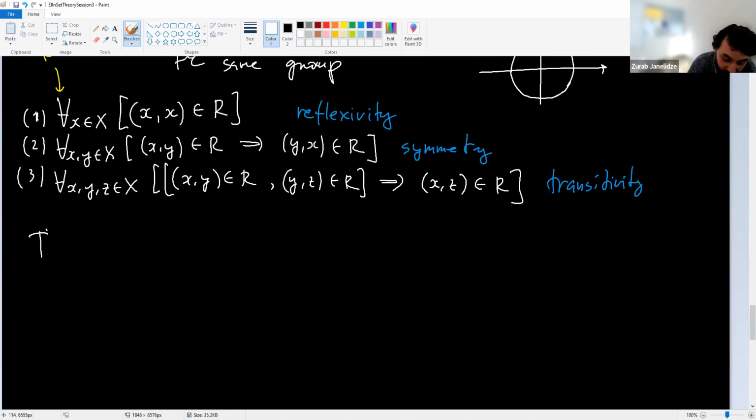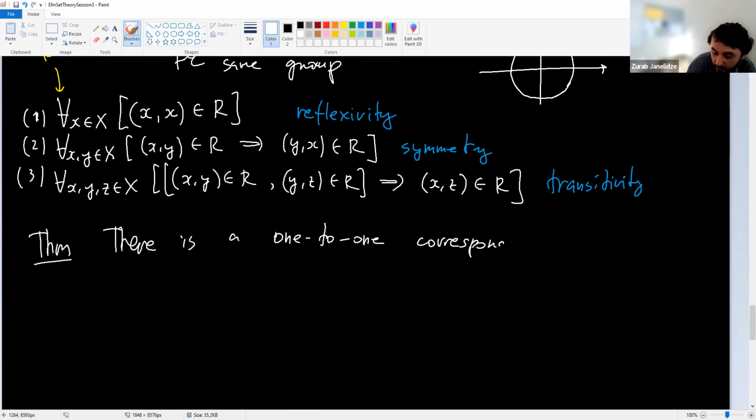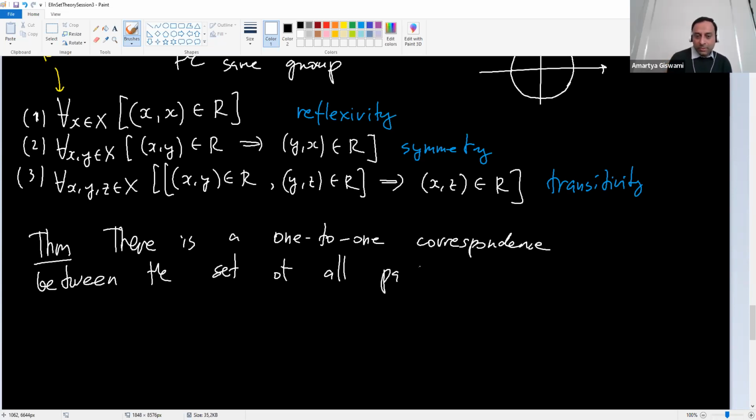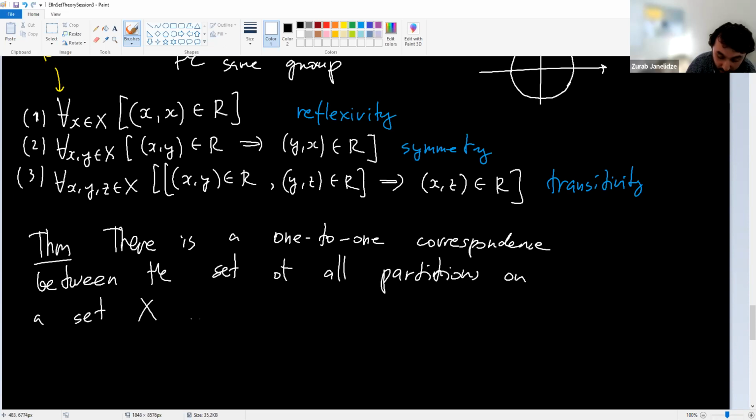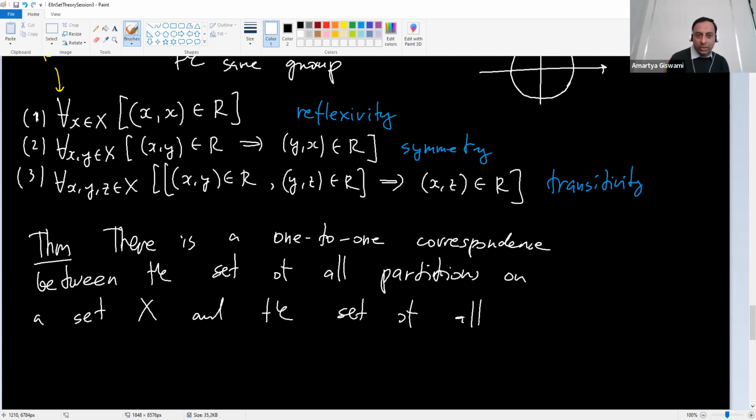So the theorem says that there is a 1-to-1 correspondence between the set of all partitions on a set X and the set of all relations satisfying these 3 properties.